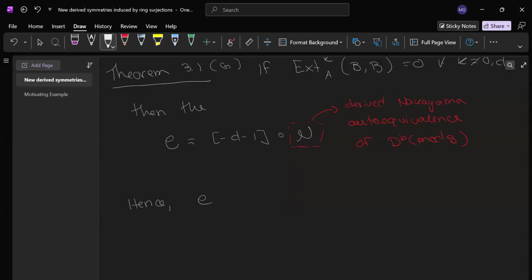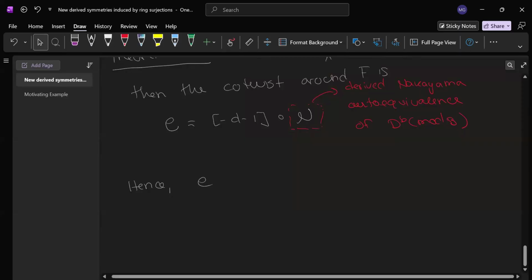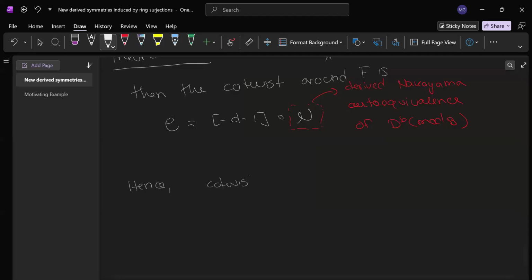By curly C I mean the cotwist. So the cotwist around F is this functor here, which is a shift of the Nakayama autoequivalence. Okay, so we know that the cotwist is an autoequivalence.